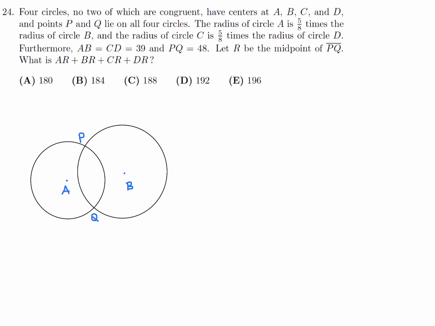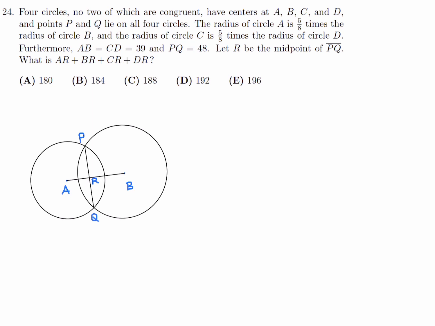Initially I'm just going to concentrate on 2 circles. It just makes the question easier to explain. Now, when I join P to Q, of course, that becomes PQ. And when I join A to B, that will cut PQ in half. And therefore, the point where it's cut in half is R. It's the midpoint.